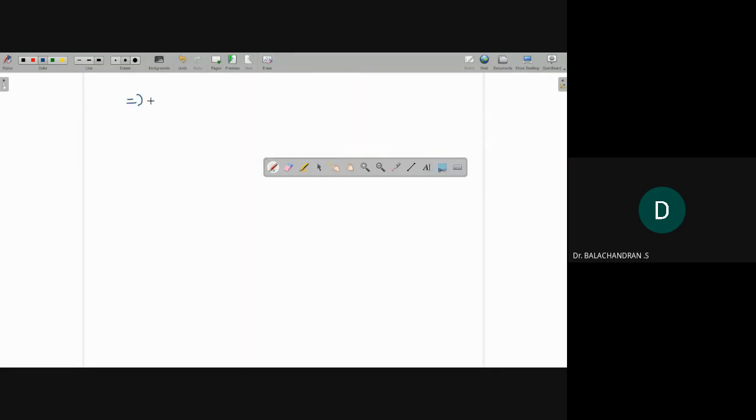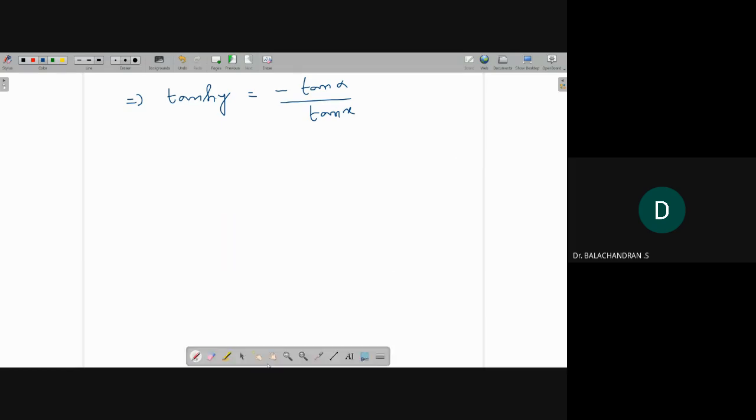Tanh y equal to minus tan alpha divided by tan x. So now y is equal to tanh inverse of the function minus tan alpha divided by tan x.